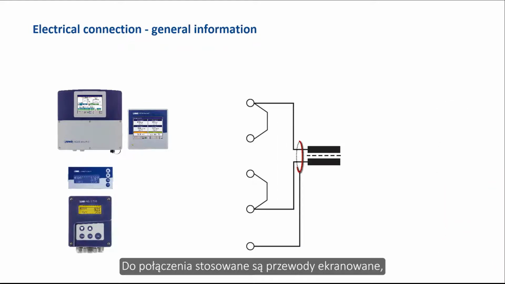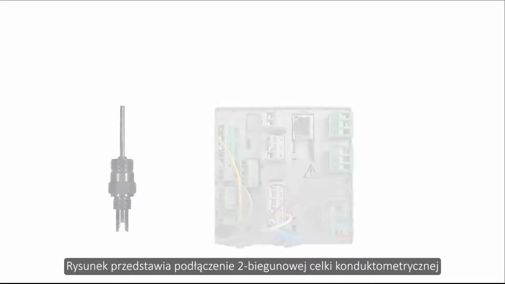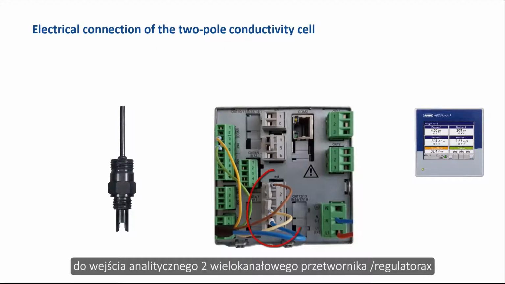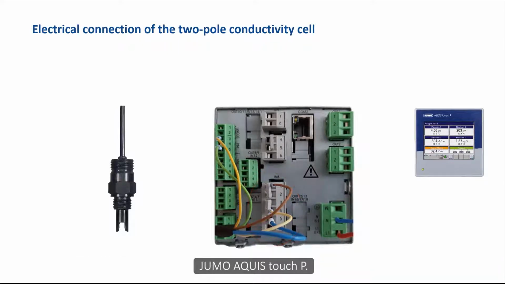Shielded control cables are used for the connection and the shield is connected to the transmitter. If there is no separate connection for the shielding on the transmitter, the shielding must be connected to the equipotential bonding. The figure shows the connection of a two-pole conductivity measuring cell to the analysis input 2 of the JUMO Aquis Touch P multi-channel instrument.